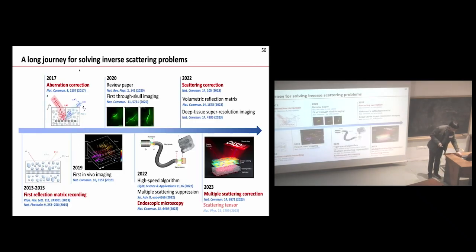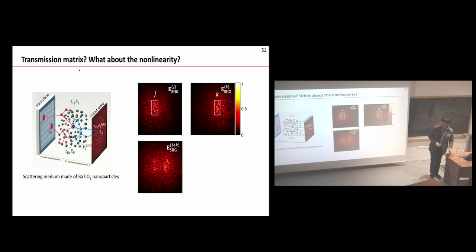Maybe if time allows, I will briefly talk about our recent work on the transmission matrix of a nonlinear scattering medium, which is not totally true. So we considered a collection of barium titanate, which generates second harmonic signals.